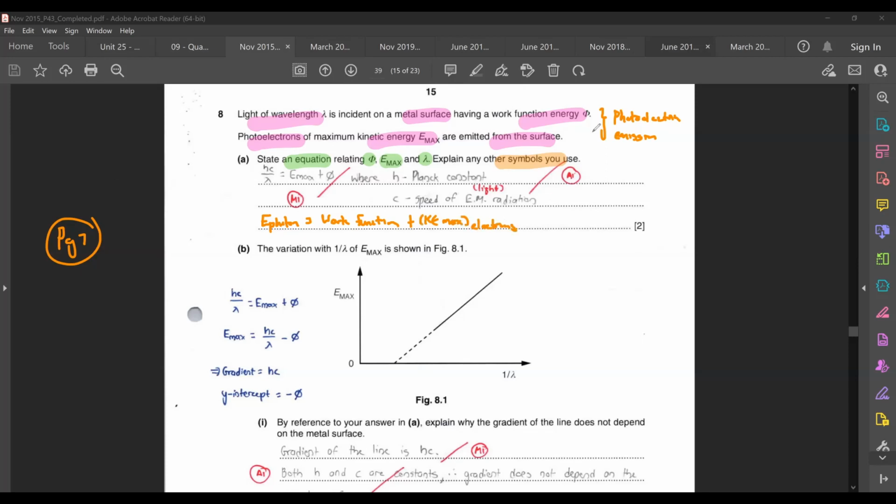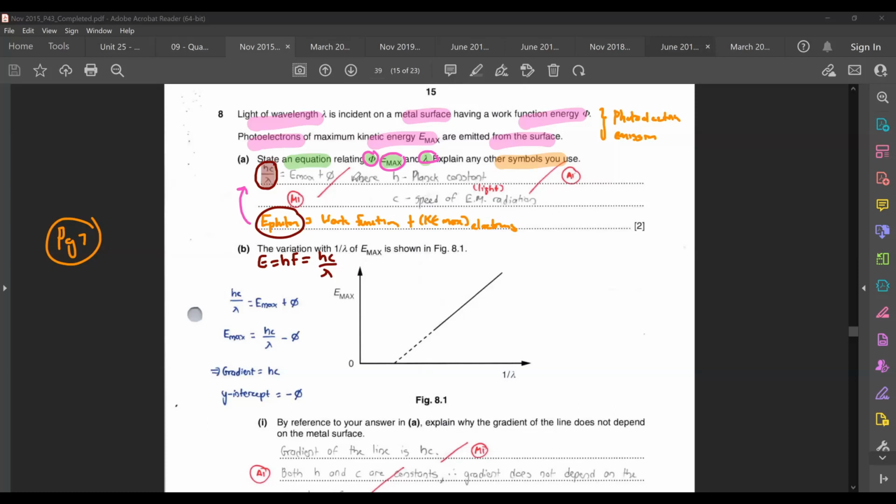electrons. So you are required to write it in a proper equation using the symbols that have been defined in your question here. When you're talking about energy of photon, we know it is going to be either hf or hc over lambda. So for energy of photon, we will just use hc over lambda here, following what the question gave us.